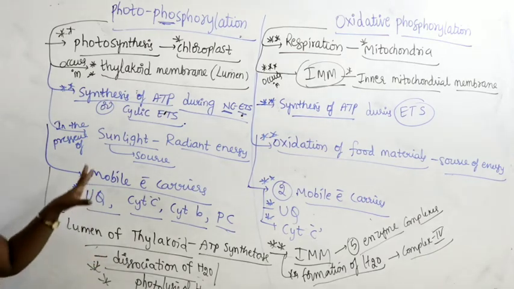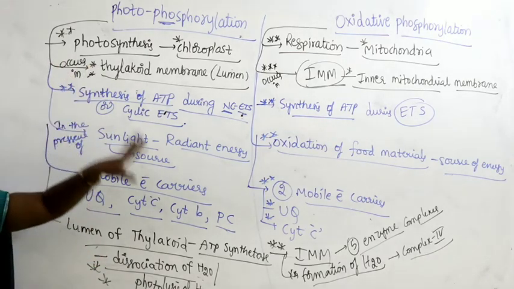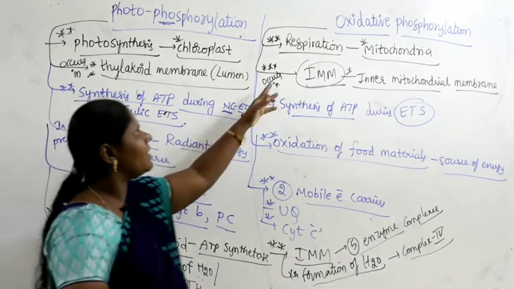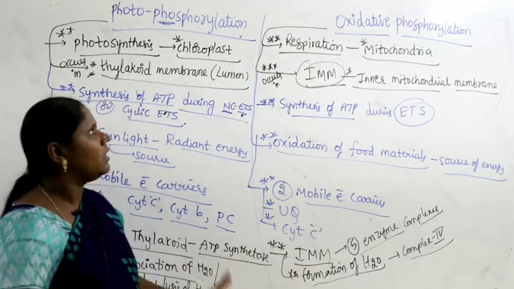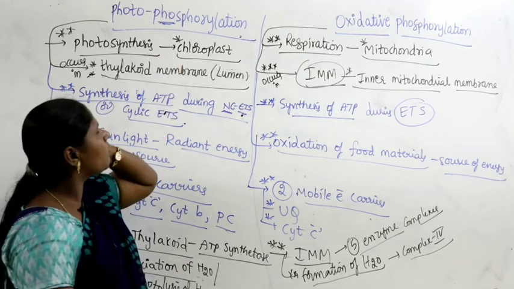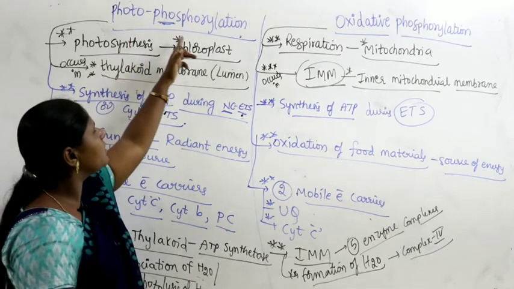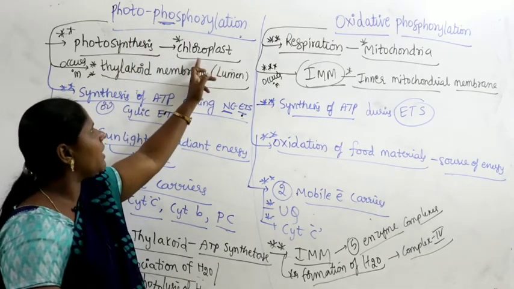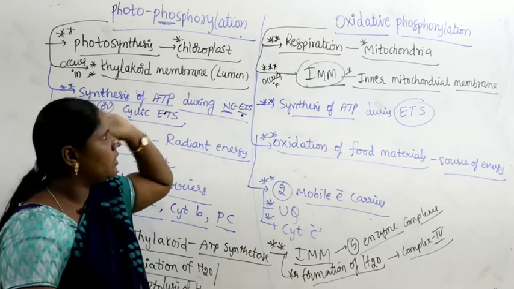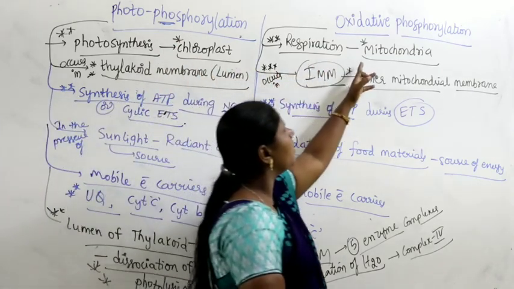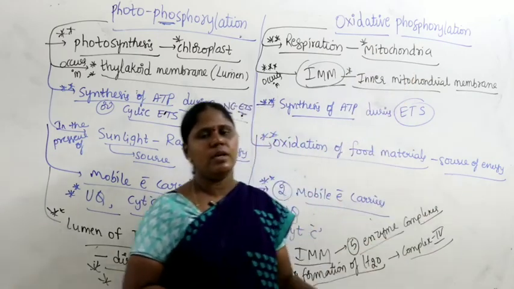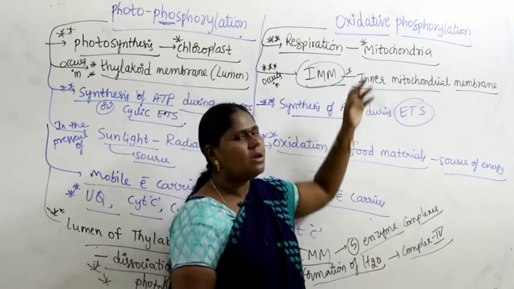Photophosphorylation occurs at the time of photosynthesis, oxidative phosphorylation occurs in respiration. Which cell organelle is involved? Chloroplast here. Using light there is a synthesis of ATP in chloroplast, called photophosphorylation. In respiration, in mitochondria, breakdown of the food is involved in ATP synthesis.